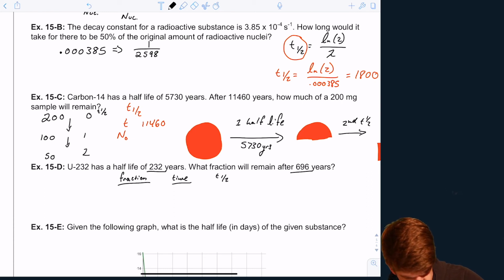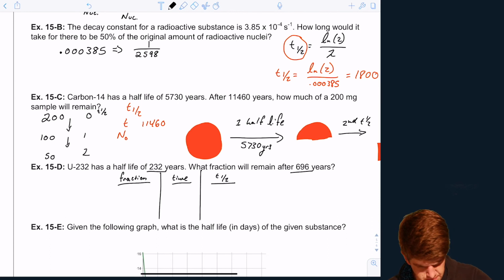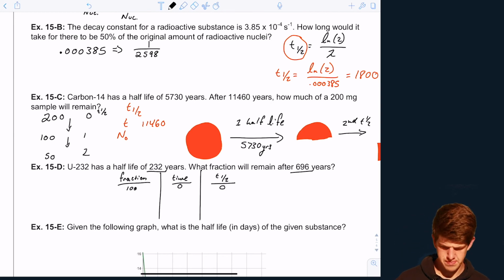What half-life are we on? So I have 100% of my original sample when time is equal to 0, and I have not gone through a half-life yet.